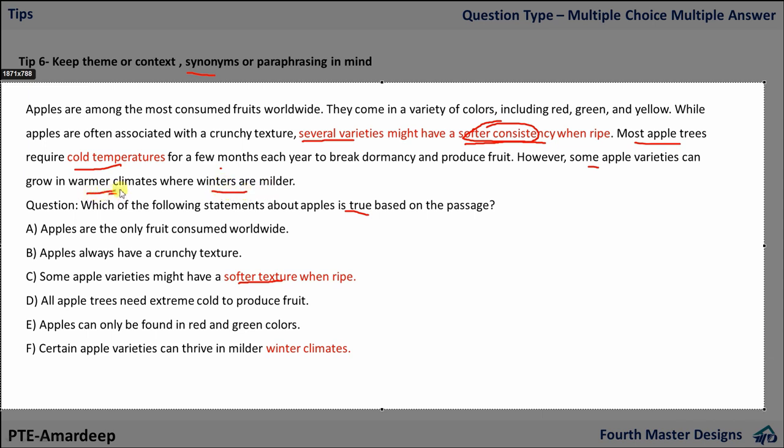So they are talking about warmer climates where winters are milder. So the meaning is what? Some can grow in milder winter climates also. They are not saying it directly. They are saying most require cold, some require warmer, where winters are a bit less. So that is the thing you need to keep in mind.